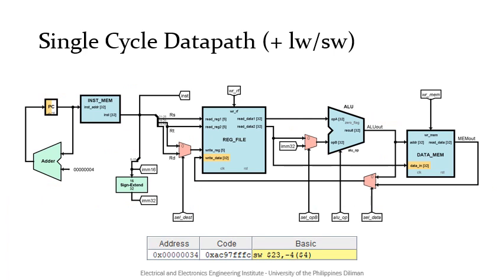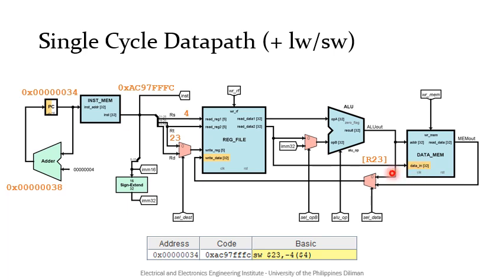Now let's consider a store word example. In this example, the instruction is fetched from 0x34 and RS and RT values of 4 and 23 are fed to the register file. Note that this time, the RT value is essential as it will be the source of the data to be written to the data memory.